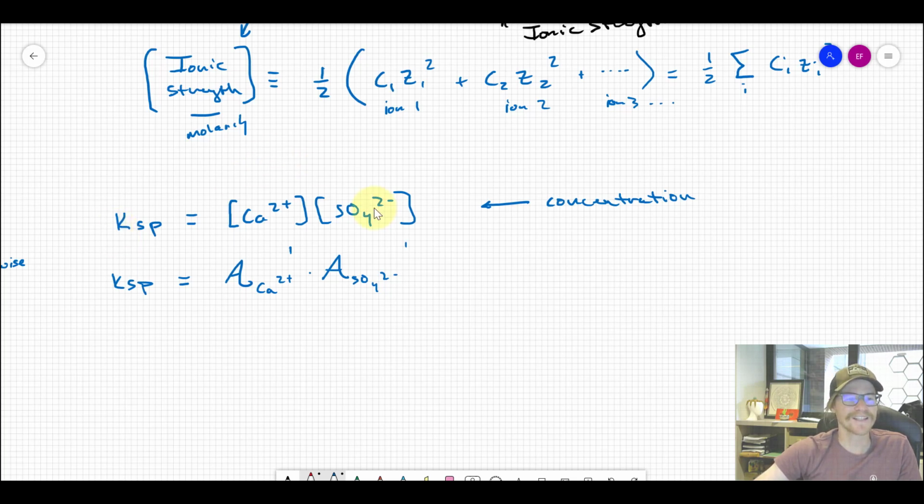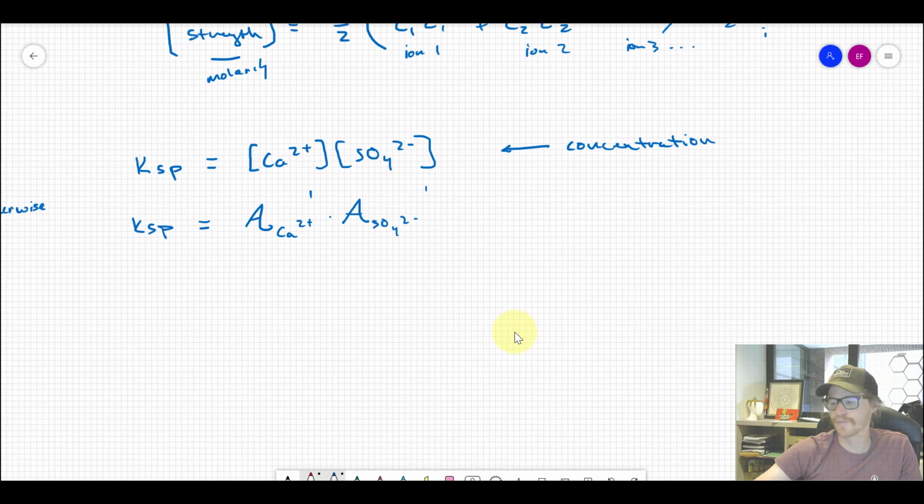And as the first part of chapter 8 will explain, activity really is the original concentration, so calcium 2+, times this thing called the activity coefficient, which goes as gamma, each raised to whatever power we need.